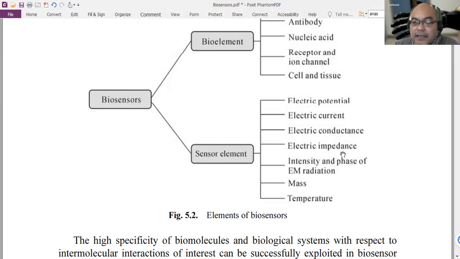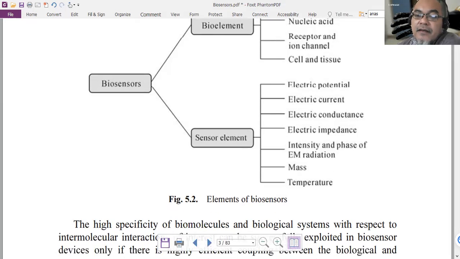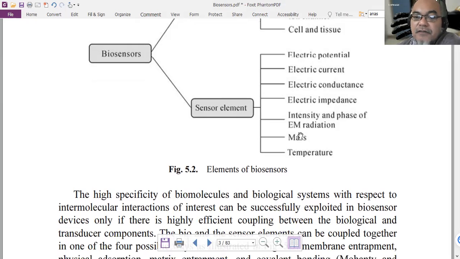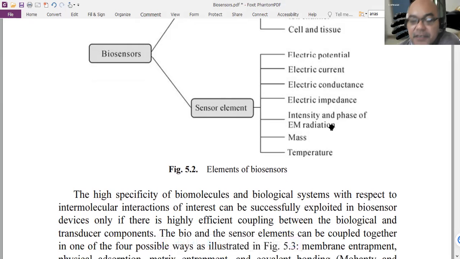Like now, what Elga, your senior, is developing is a biosensor using electrical impedance analysis, electrical impedance spectroscopy. These can use electrodes as the material of the sensing element. And we can detect intensity and phase of electromagnetic radiation. Also, this can use electrodes.